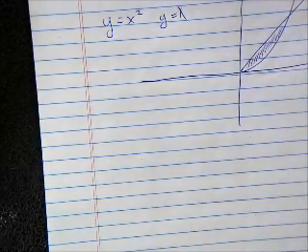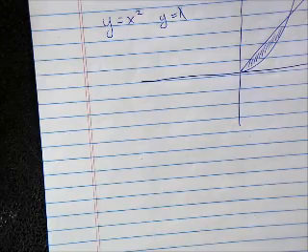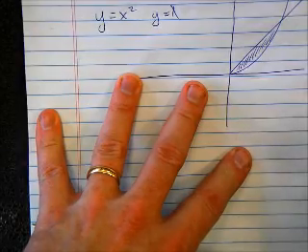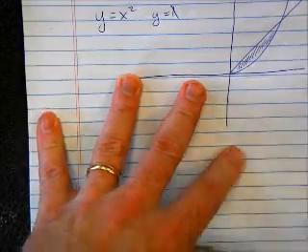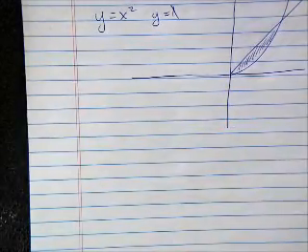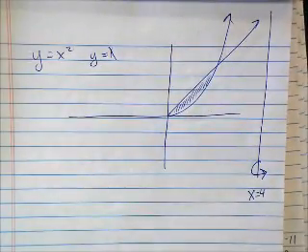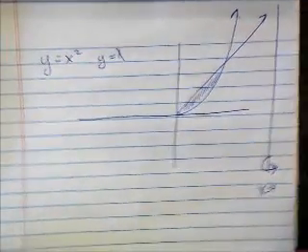Anybody got a vertical line they like a lot? x equals 4? All right, x equals 4 would be way over here somewhere, far off the edge of the earth, the earth being my piece of paper. And we're going to spin around that line.